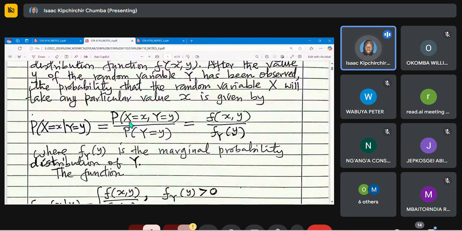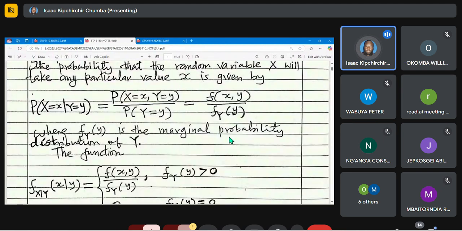So using our notation, you can remember the joint distribution is actually f of xy, and the denominator is actually the marginal of y. So we have adapted our notation for the joint and the marginal of y.